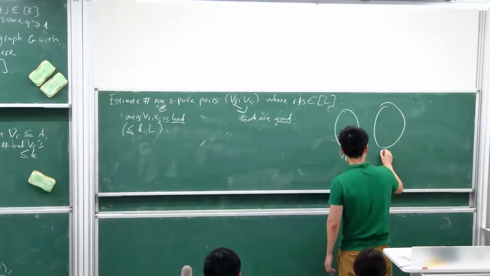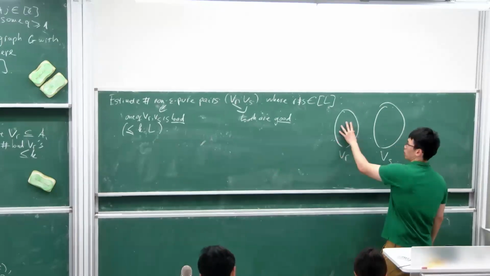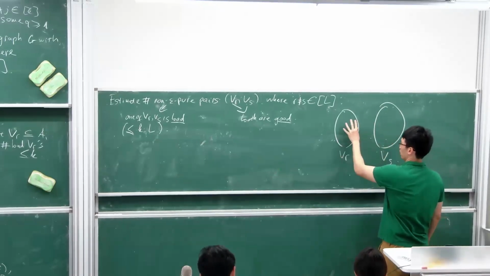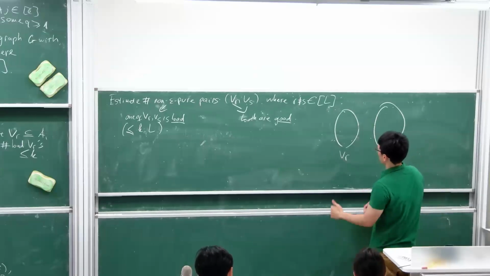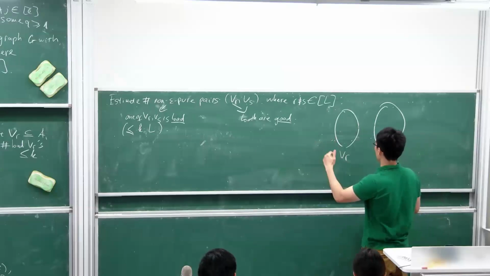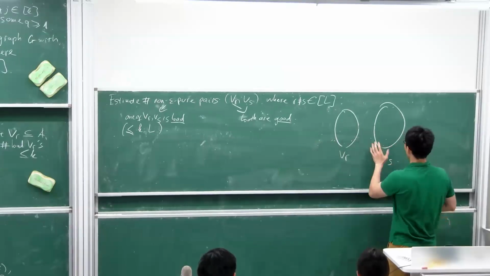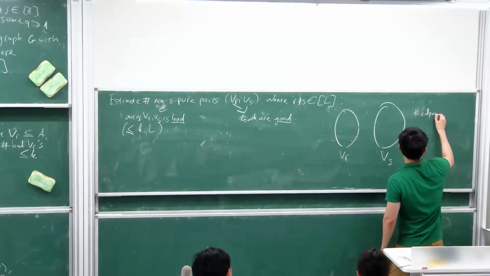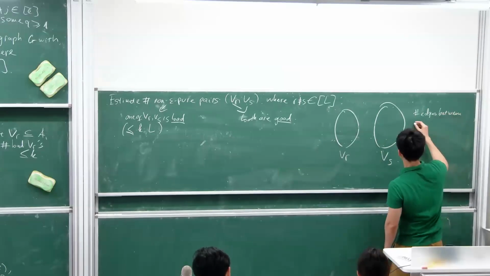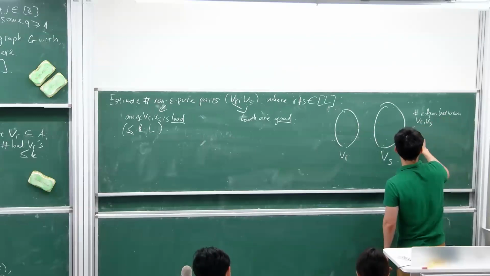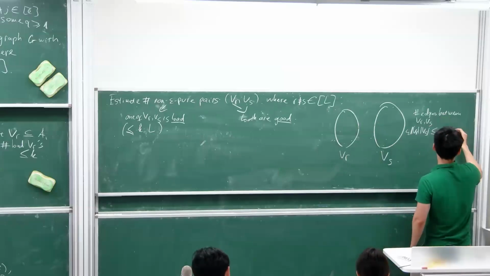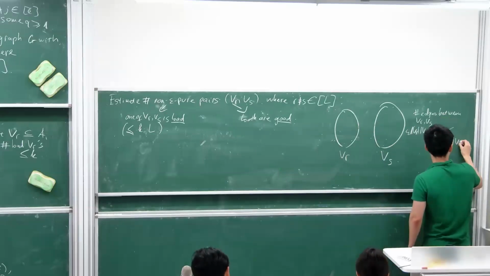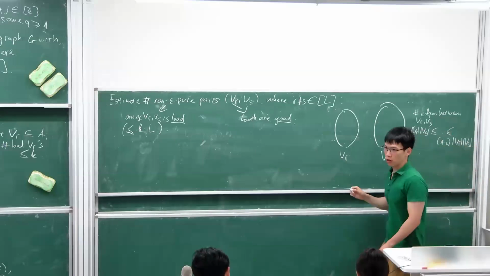This is VR, this is VS, and we know that they are good, which means each of them lies completely within some block AI or AJ, and at the same time they are not epsilon pure, which means the number of edges between VR and VS is at least epsilon times VR times VS, and at most 1 minus epsilon times VR times VS. That's the definition.